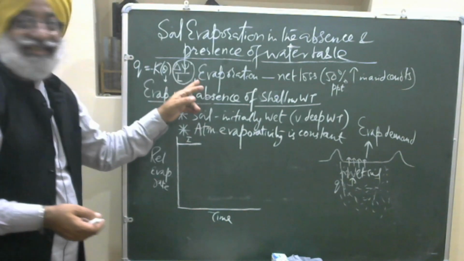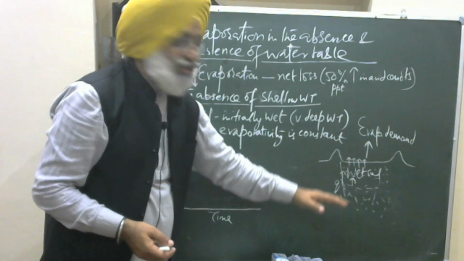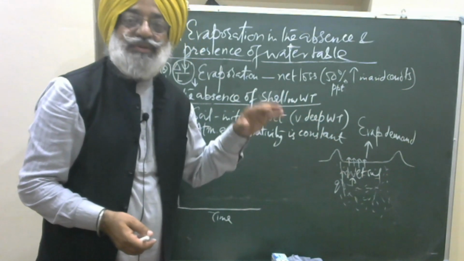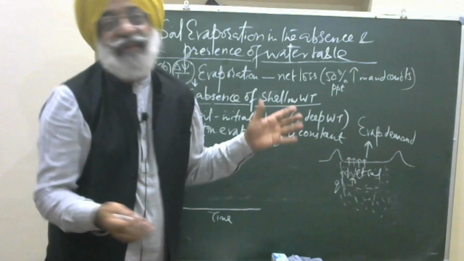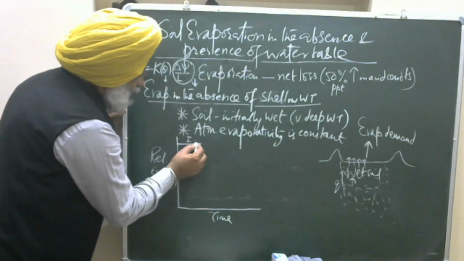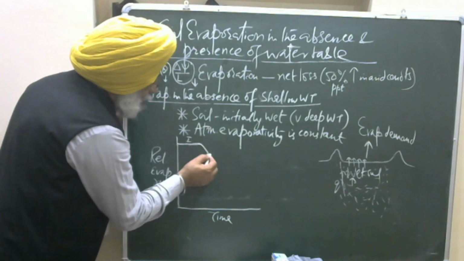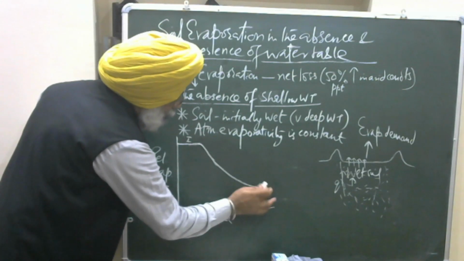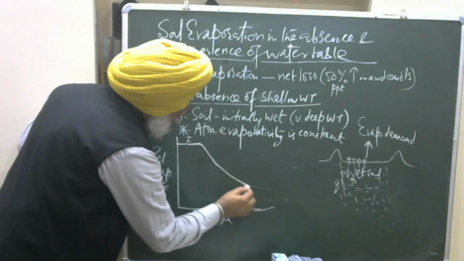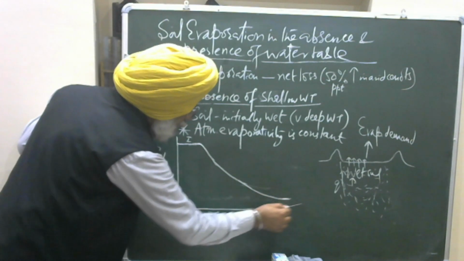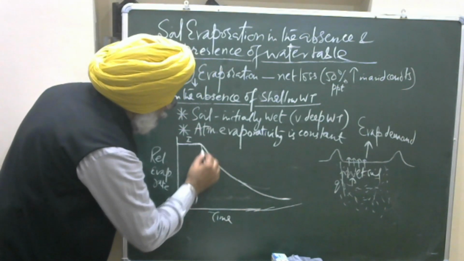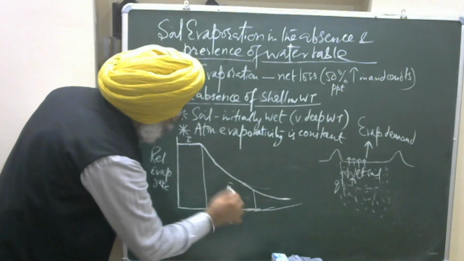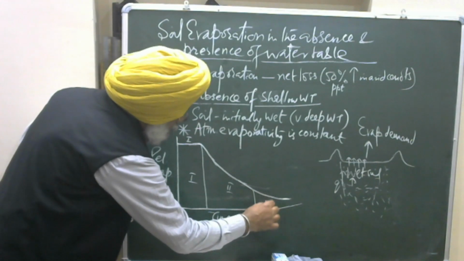Now both are decreasing at the surface, so the water rises to a very small extent or may not rise. With the result, stage 1 will end and there will be a sharp fall in the relative evaporation rate till it enters stage 3. So here you have stage 1, here you have stage 2, and here stage 3.